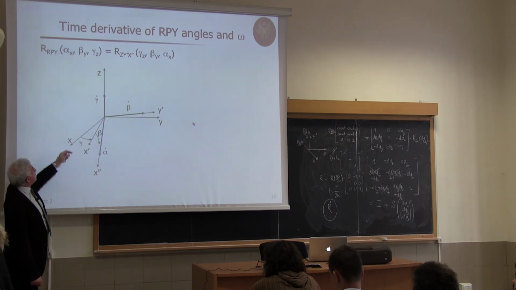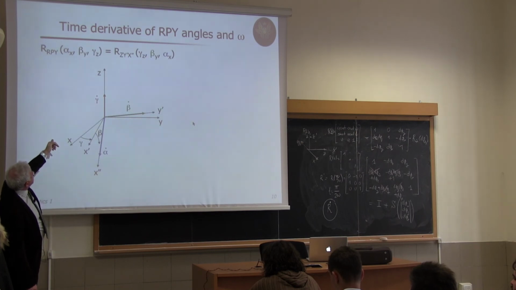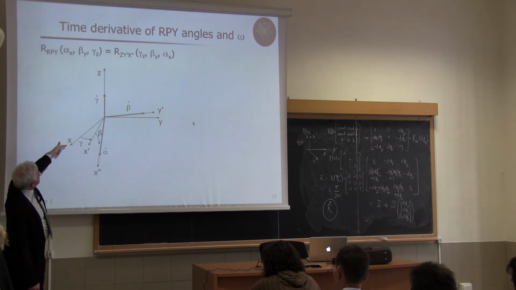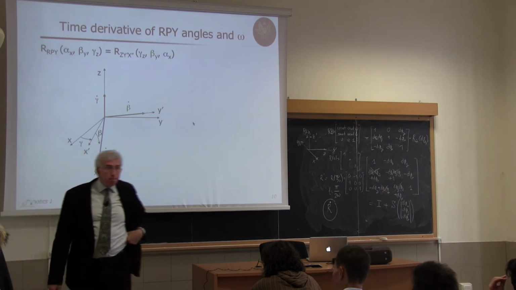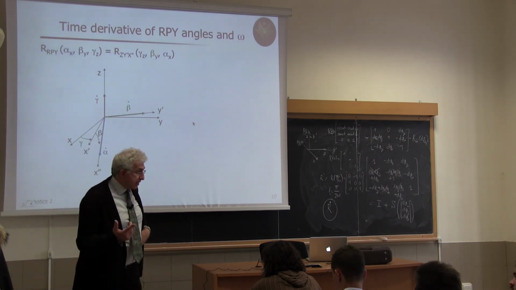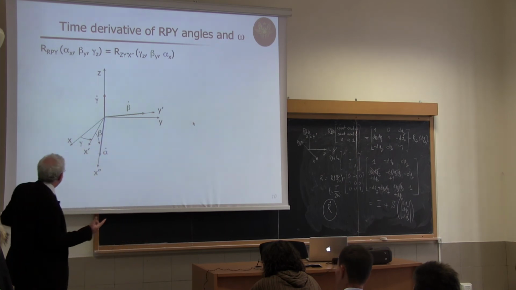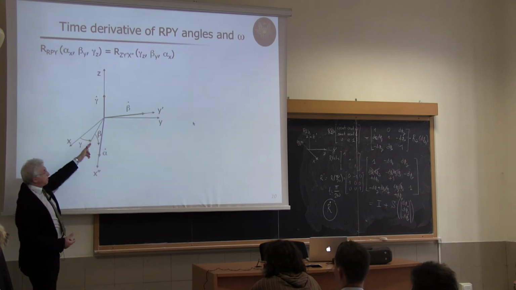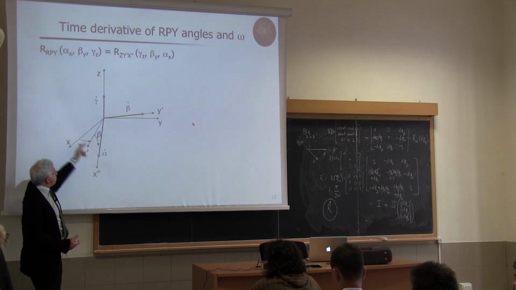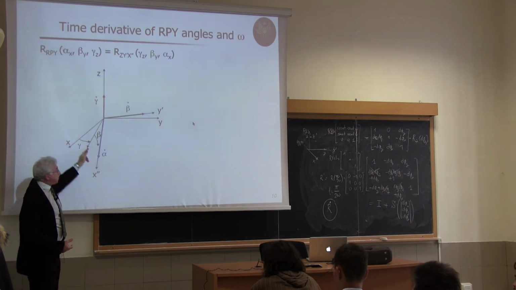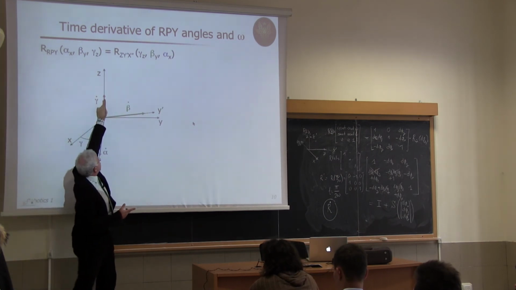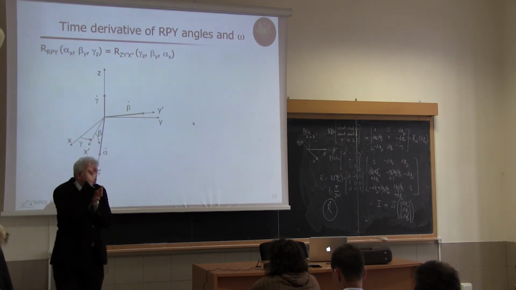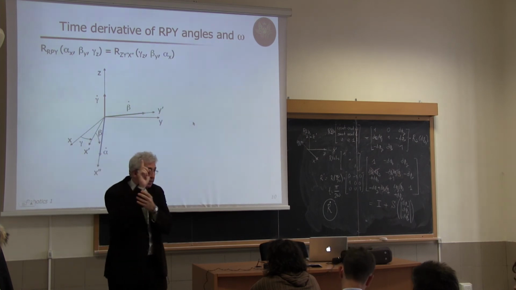The first operation that I'm doing is a change of the angle gamma around the first axis. So this is gamma, and now this is changing over time. And if this is changing over time, this means that there is some angular velocity which is oriented like the z-axis, because I'm rotating around the z-axis.